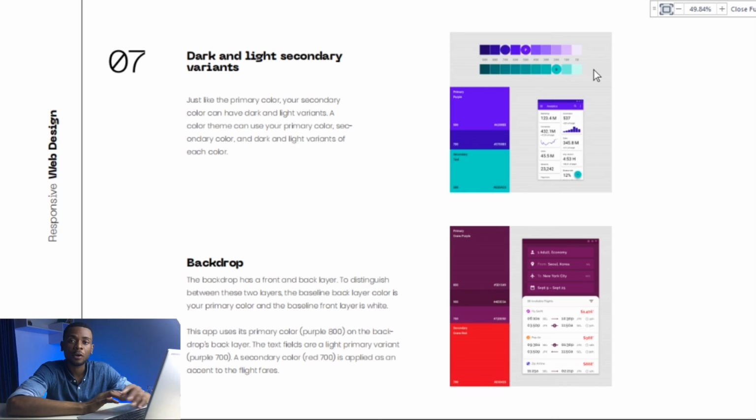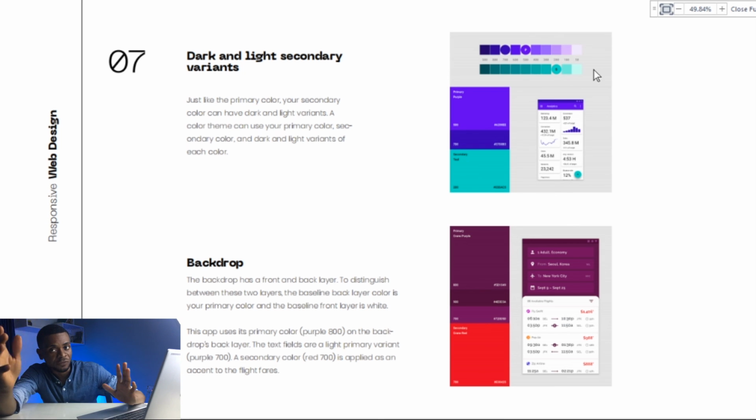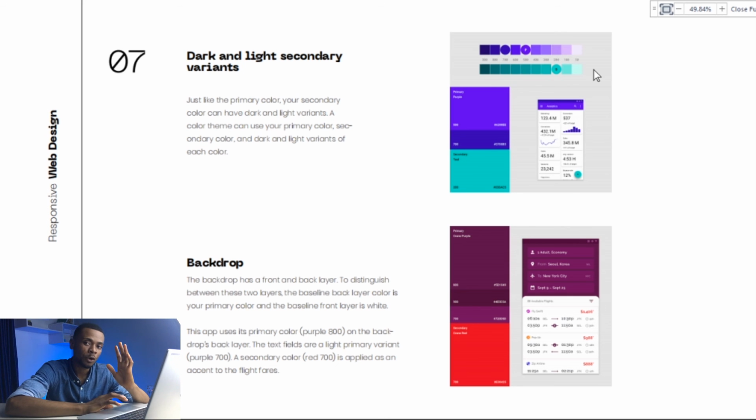So it has different variants depending on what you're trying to achieve, and whether it works in different variants. Like I said, a button as a standalone might not really work with a bright color, so you need a darker variant of that same color to make it stand out.